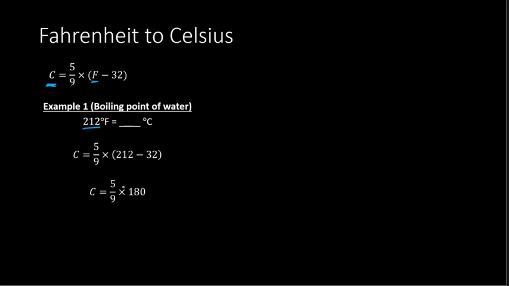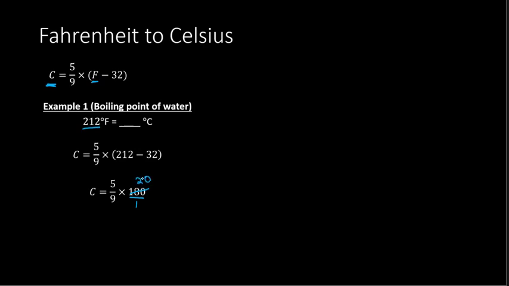All right, so two different ways to do this. One is by hand, the other is with a calculator. By hand, you can write this as being over 1. Then before you multiply, you can simplify first the 9 and the 180, because both of those numbers are divisible by 9. If you divide 180 by 9, that gives you 20.